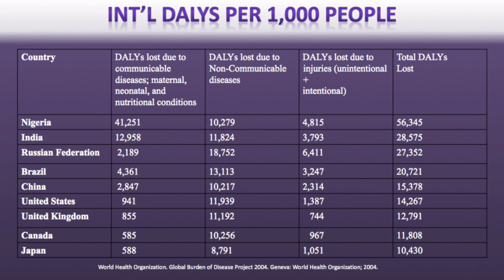That's where the big hitters are for those populations. Whereas in the United Kingdom, the majority of disability adjusted life years lost that could have been saved by preventing these diseases are primarily in the non-communicable disease categories. So you can see this epidemiological transition as public health systems develop.